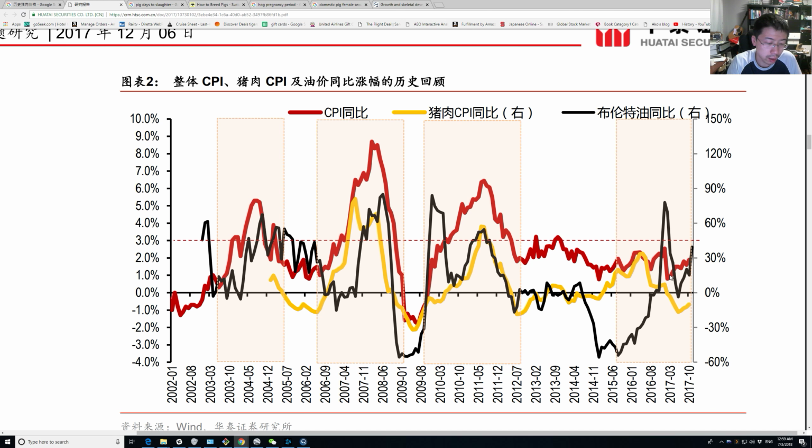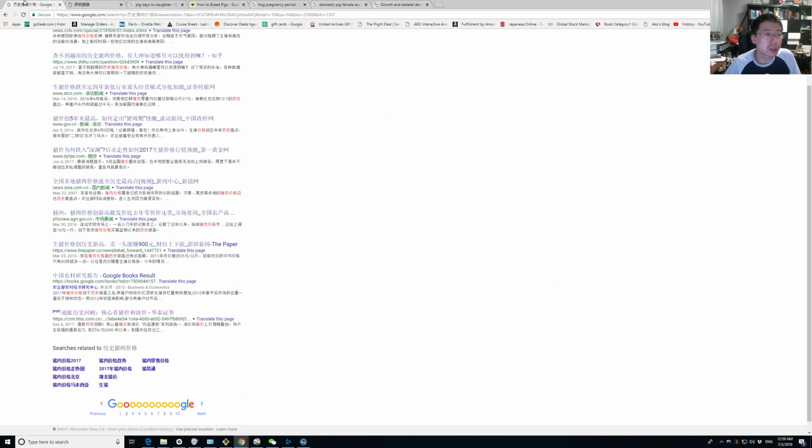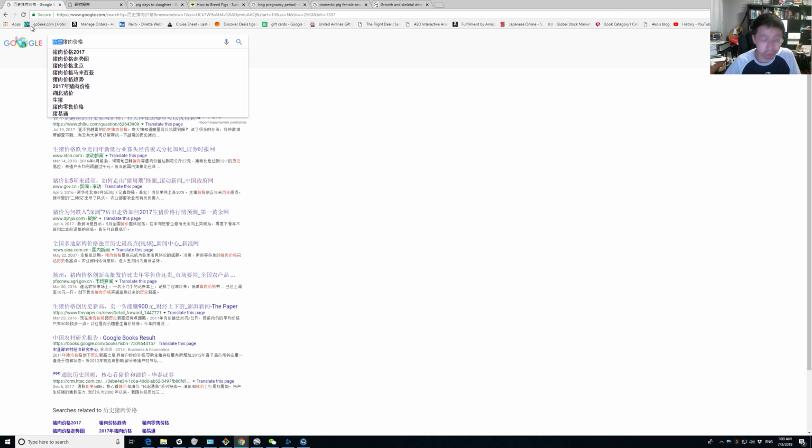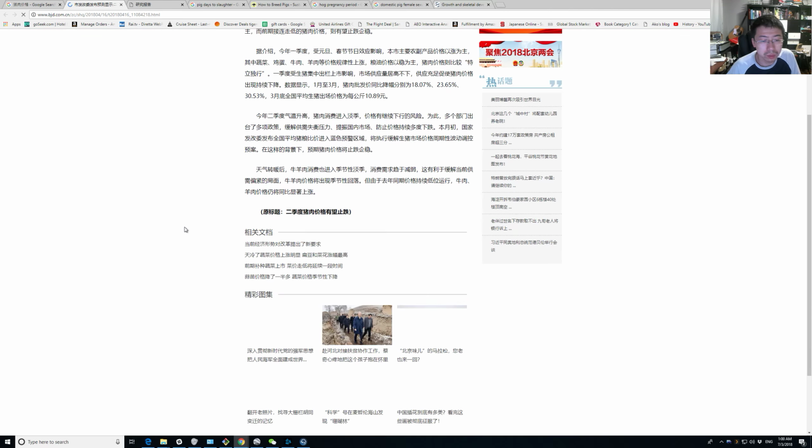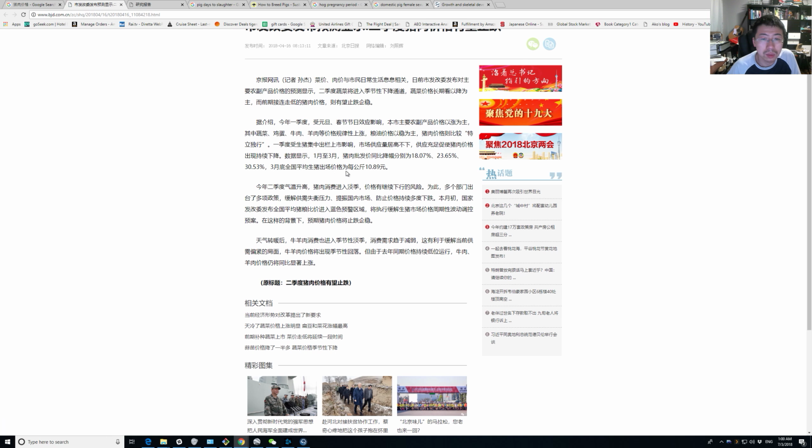So if you look at the price now, that's in April, each kilo is about 11 yuan. So that's like $1.50-ish. So what that means is if your cost of production is higher than that, then you will get a price increase.